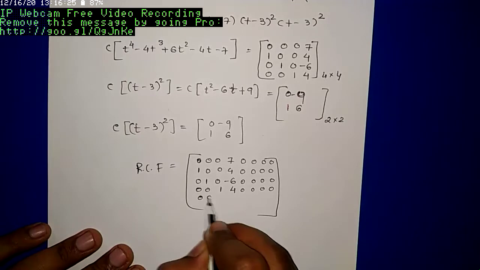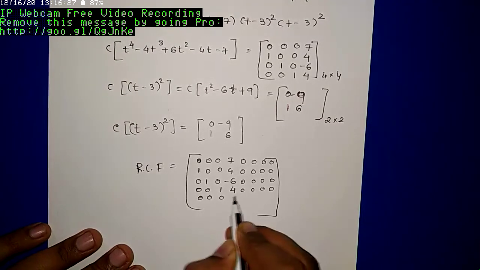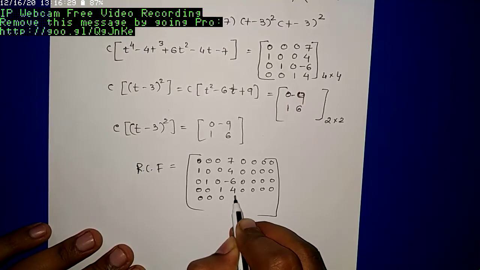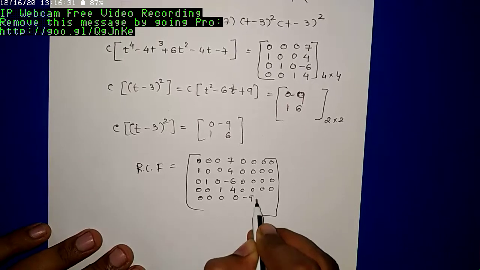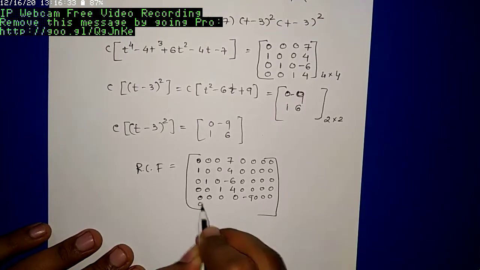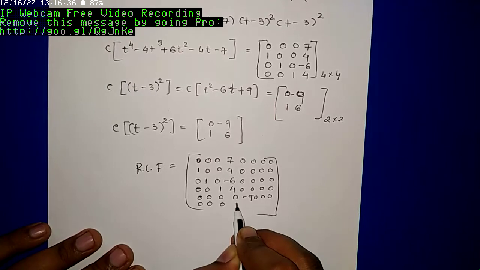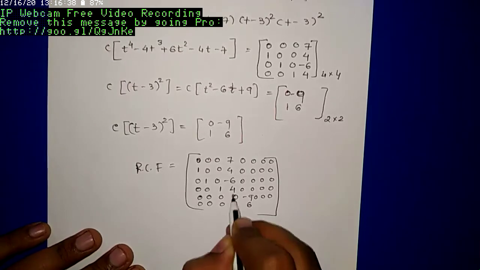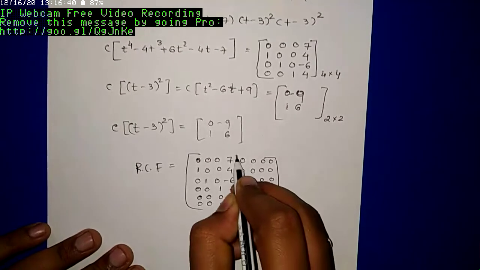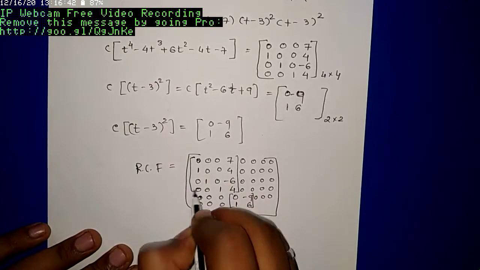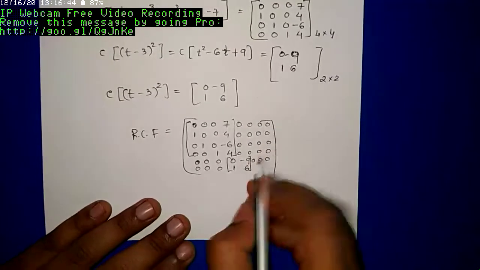0 0 0, 0 minus 9 0 0 0 0 0 0, 1 6. Another block. This is your first block. All other entries are 0 0 0.